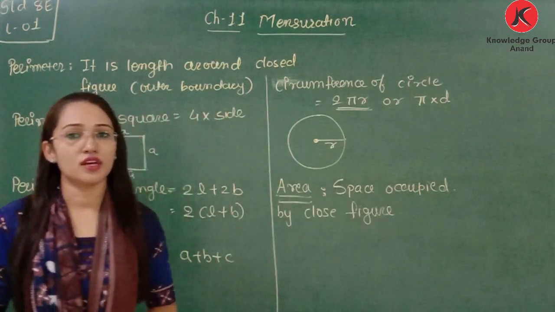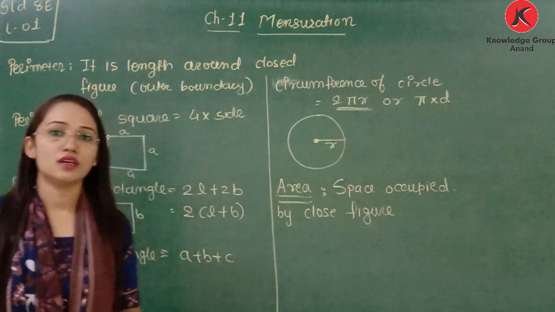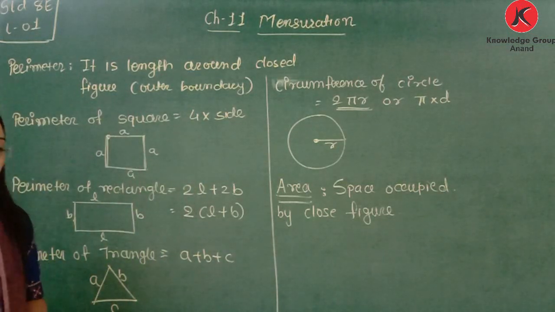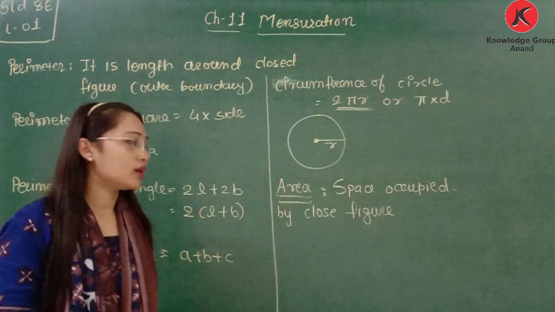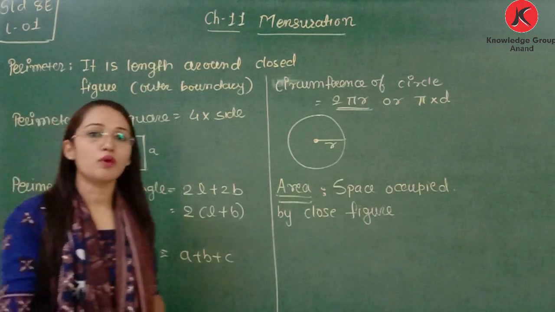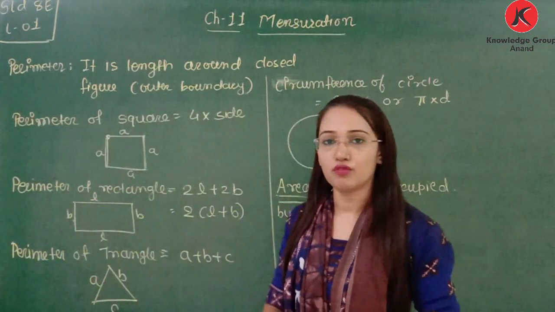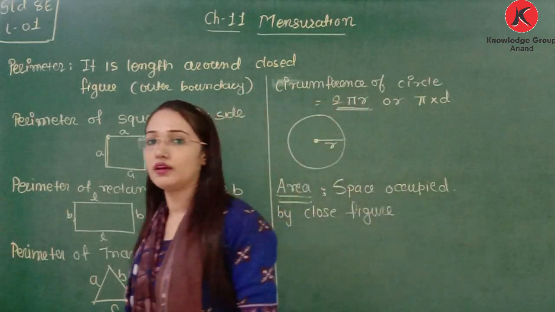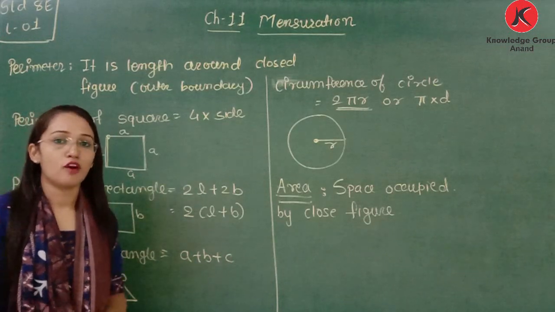You can consider your flooring. So what is the area of flooring? That is the space occupied by the tiles or the space occupied by the room. Okay, so that is what area is. If you place a water bottle on your table, then some surface area is covered by the water bottle. That area is called the area of the bottle.